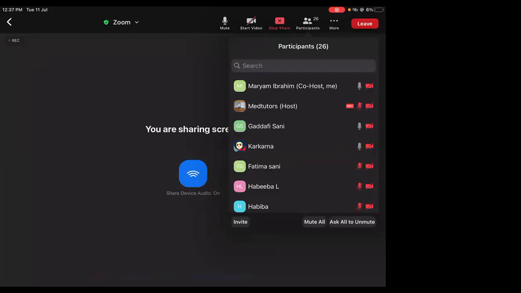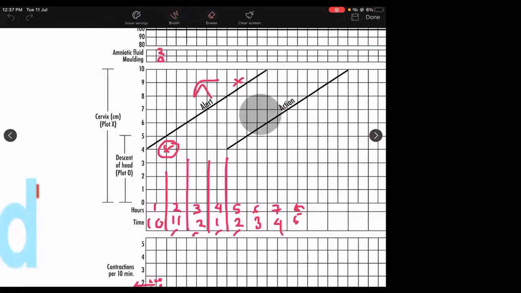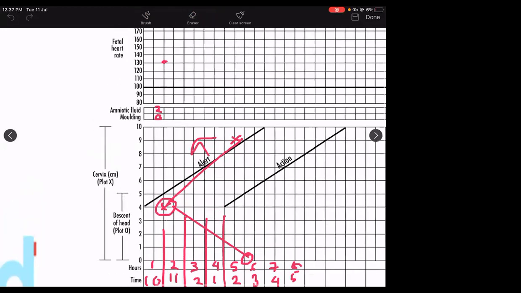So you found out that she's 9 centimeters dilated. Then the descent now is 0. So this is our descent. At 2, it was 0. So you come to 0 and you circle. So your descent will be coming like this, while this will be going like this. And then of course, fetal heart rate was, assuming, 140.